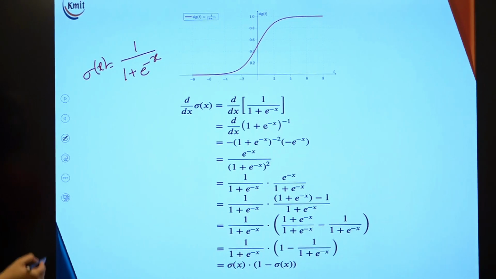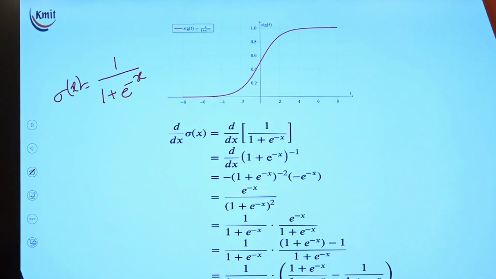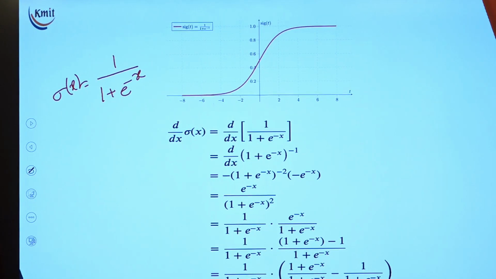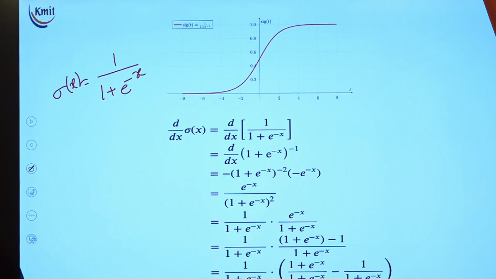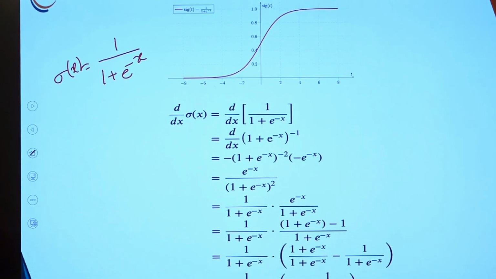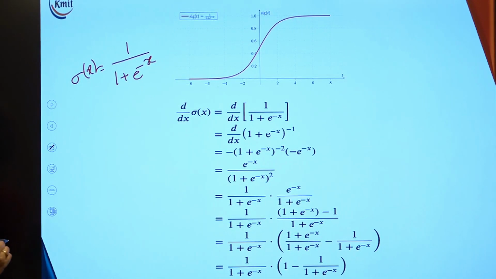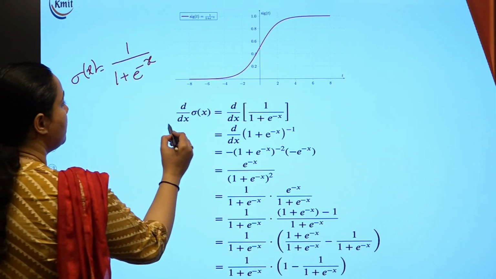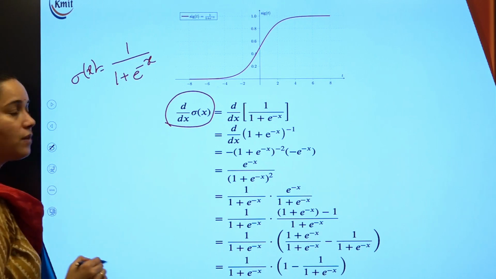Now, the second important thing is, when you really want to go for an activation function, you have to see that it is properly derivable. Derivative of an activation mathematical function is very, very important. So, what I am doing here is quickly finding out d by dx of sigma of x.